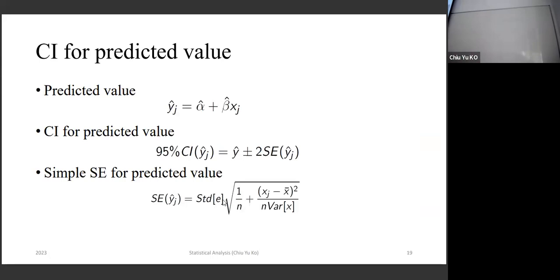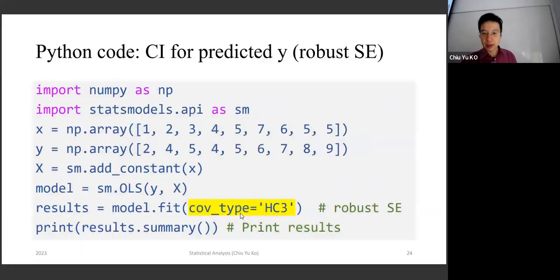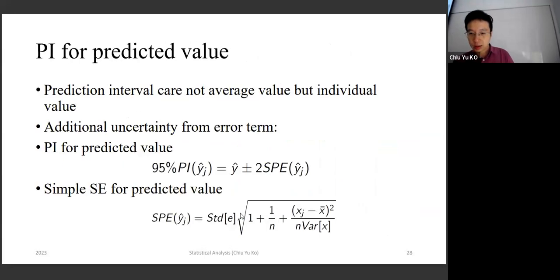So the simple version is much easier. But when you look at the one for the average value, you have one more term here. Why one more here? It's just because you have an error term. You look at the individual value, not the overall value.